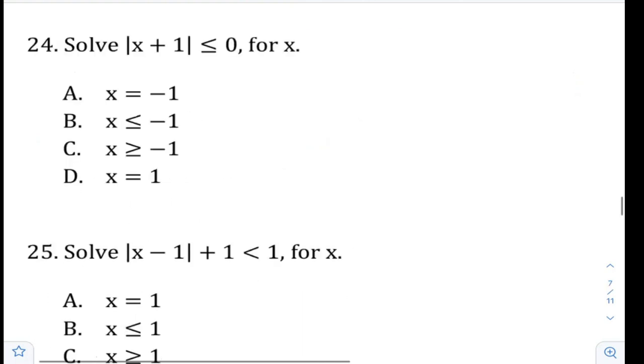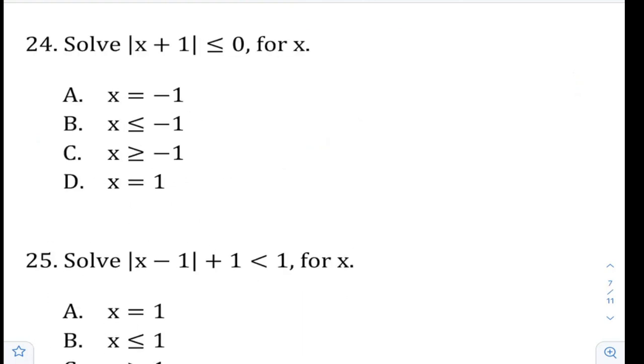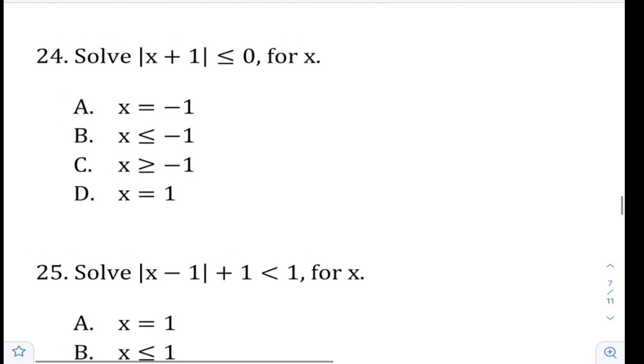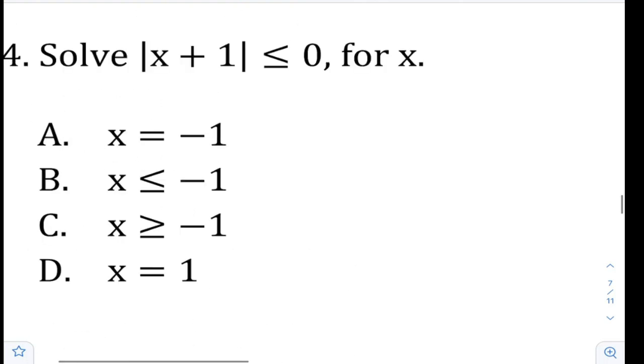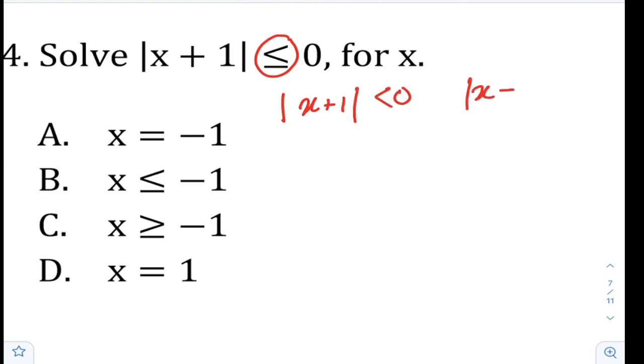Okay, solve this absolute value inequality. Remember, the absolute value will always be positive or 0. So if we have absolute value less than or equal to 0, we have to say that it's either less than 0, or it can be equal to 0. We know that less than 0 is impossible.